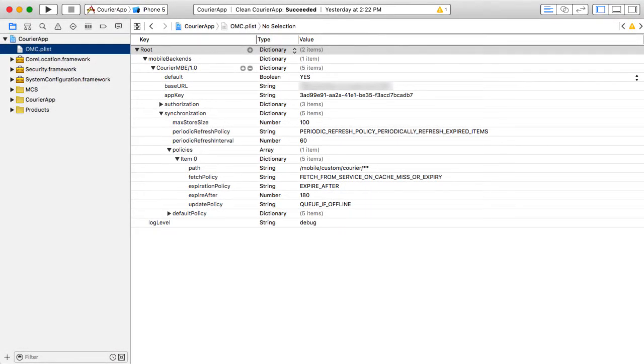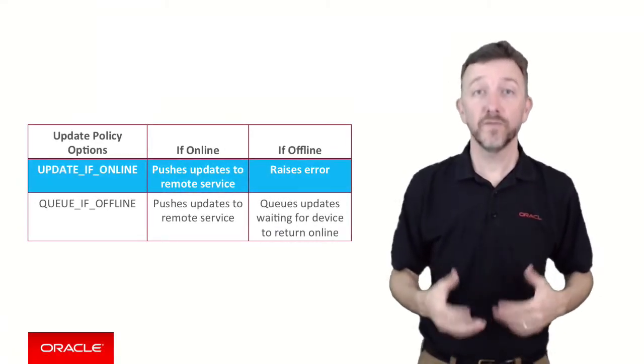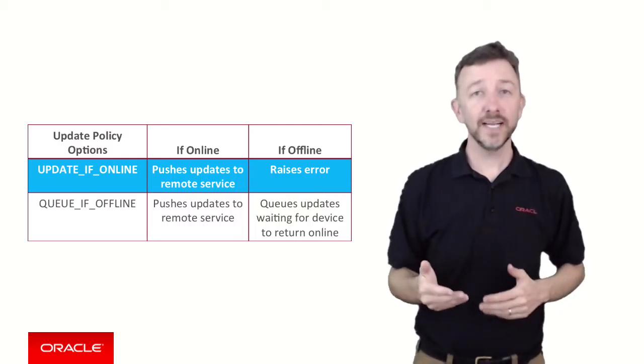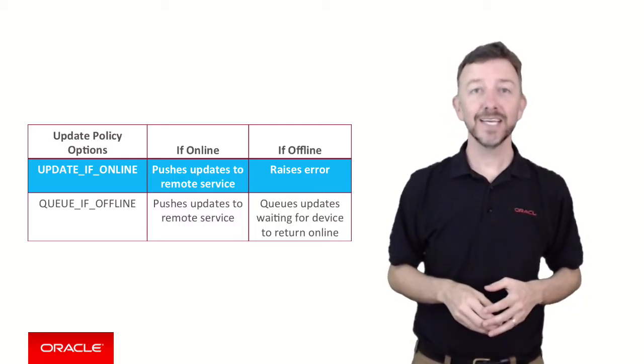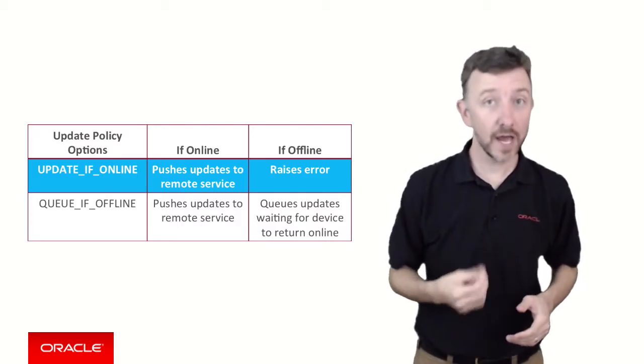As we saw in the earlier episode on sync policies, for each API you may set the update policy, such as this example from iOS, where I've set it to queue if offline in the OMCP list file. Each supported mobile platform has a very similar policy and set of options. Now, update if offline is the default option. If the application creates, updates, or deletes an object in the cache, this option will attempt to push the object straight to MCS, assuming it is online and connected.